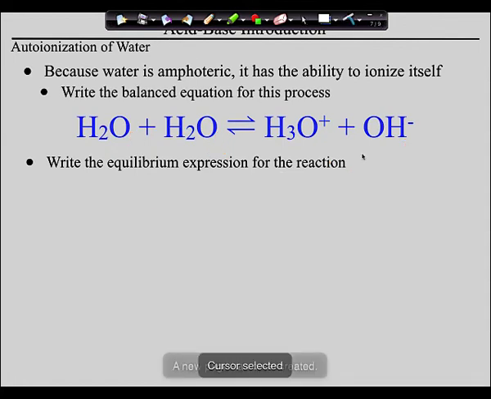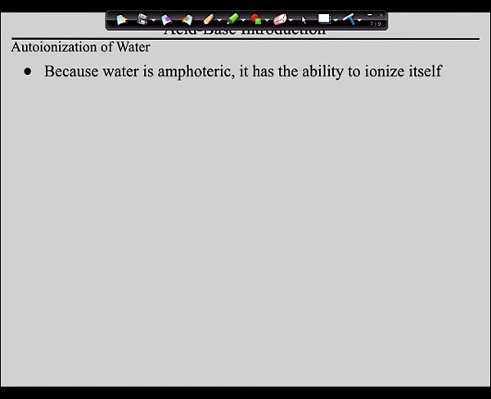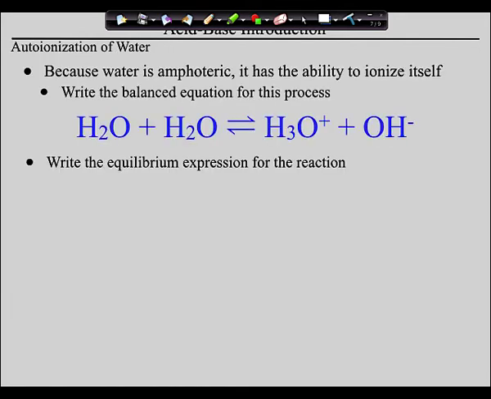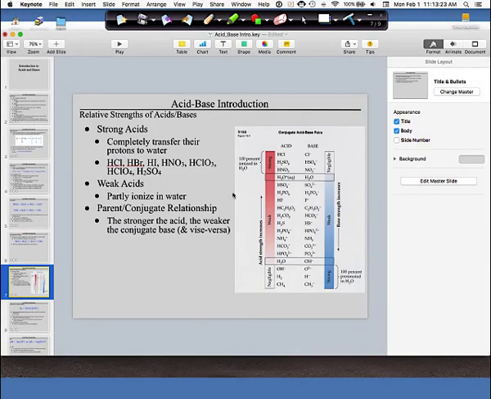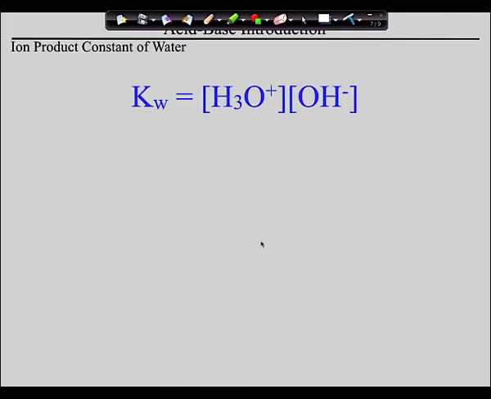Notice no units. Kc, Kw is a dimensionless number. But guys, it then looks like, this is still in the way. Sorry, just a second. I'm just going to get this completely out of the way. There we go. So guys, it then looks like this, right?